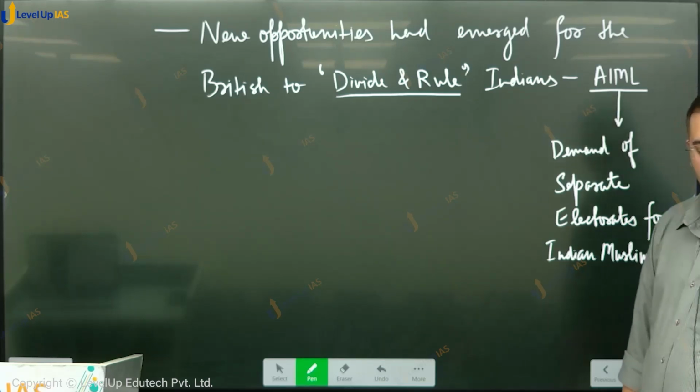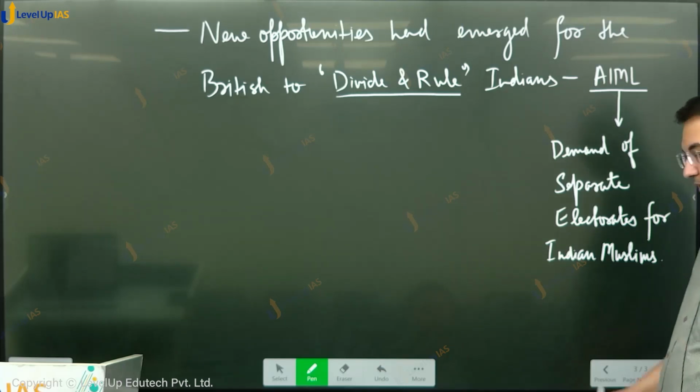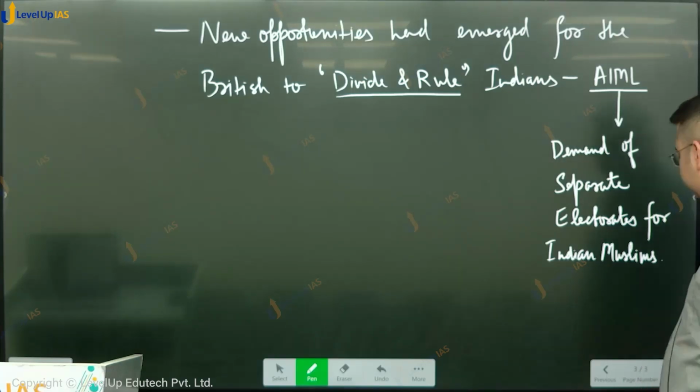And the British wanted a new constitutional mechanism to exploit this opportunity. Okay? The Indian Councils Act of 1892 was supposed to do this as well.